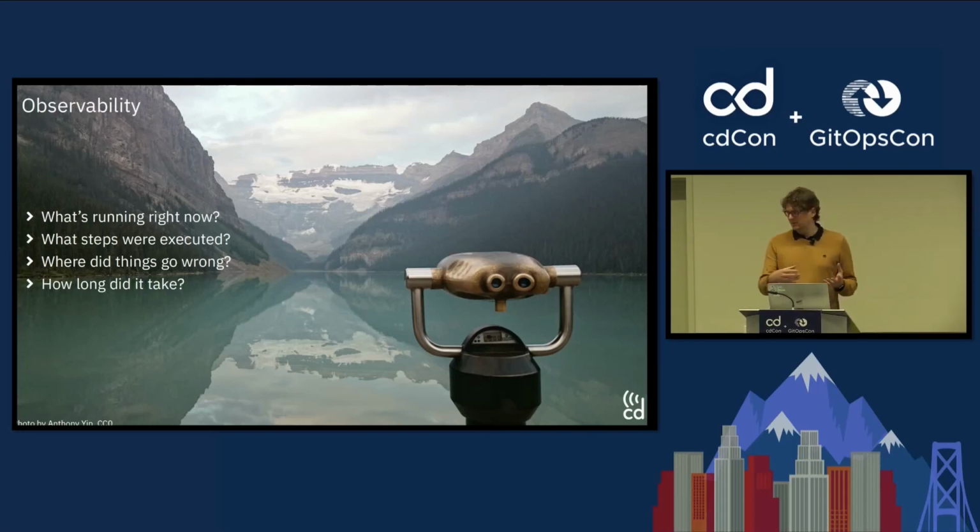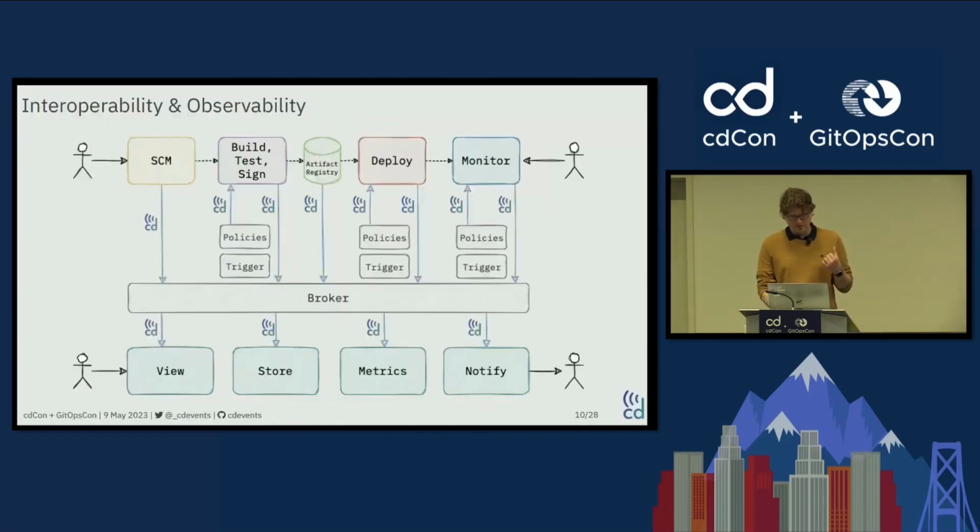Where am I in my workflow? What steps were executed? If something goes wrong, where did it go wrong? You need to pinpoint where things went wrong. It becomes harder to answer questions like, how long did it take? So you may want to evolve the picture and add some more blocks at the bottom.